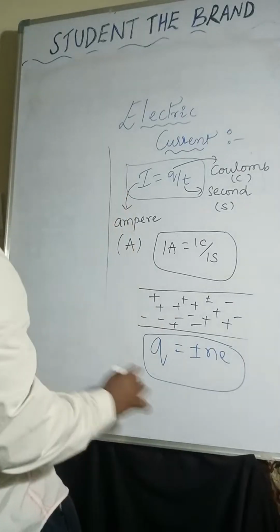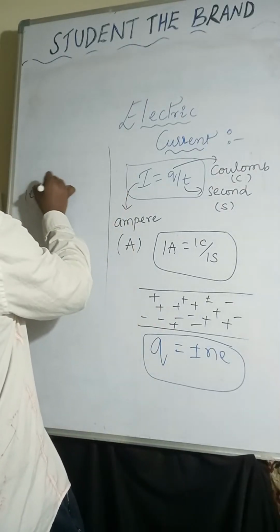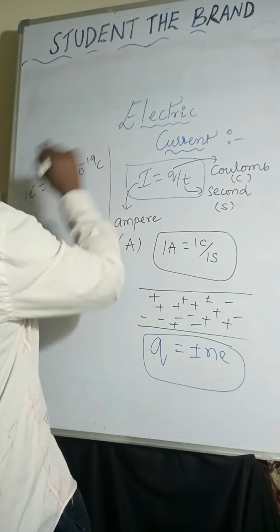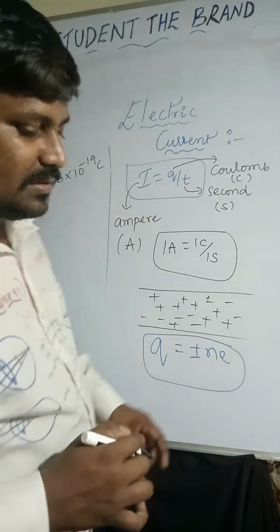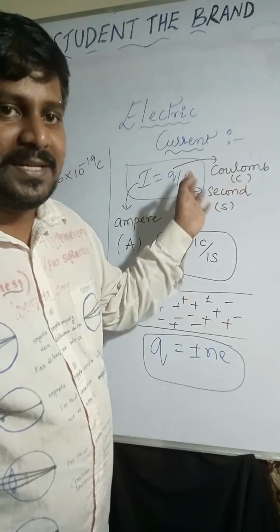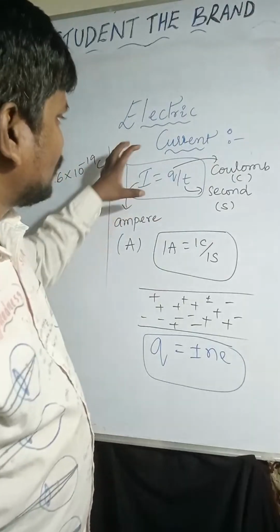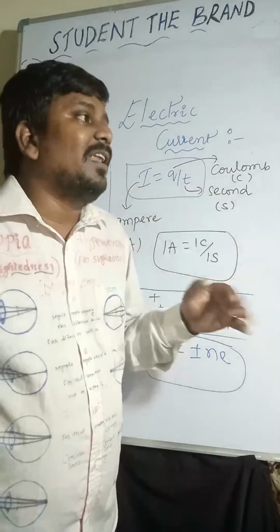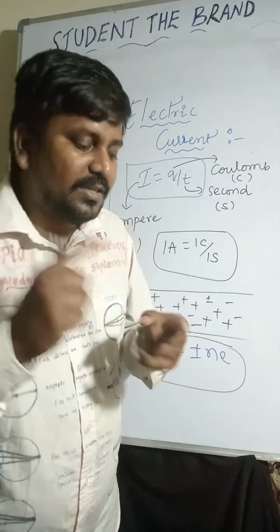On one electron, the charge is 1.6 into 10 power minus 19 coulomb. There is a very important, expected question on this. They will ask: on one electron, how much charge is present? That is the first question.